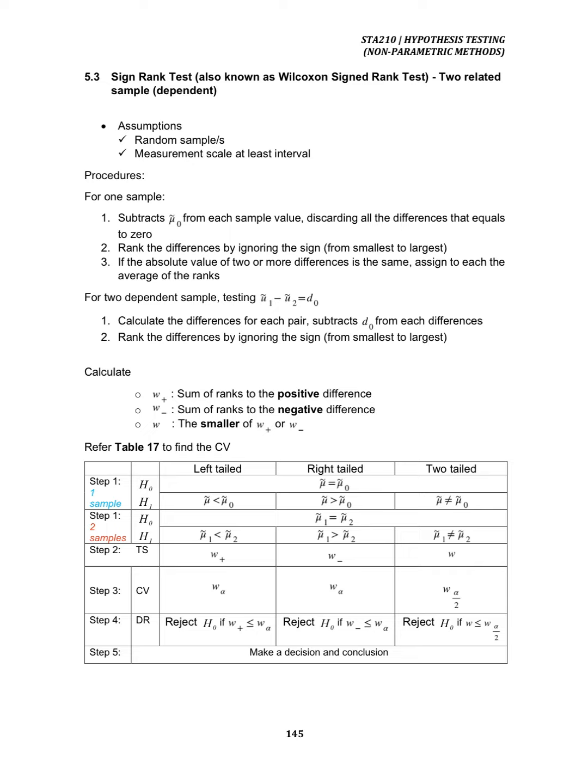In other words, to remember the decision rule: we reject H0 if the test statistic is less than the critical value. The same goes for the right tail, and also for the two tail. Then you make the decision.